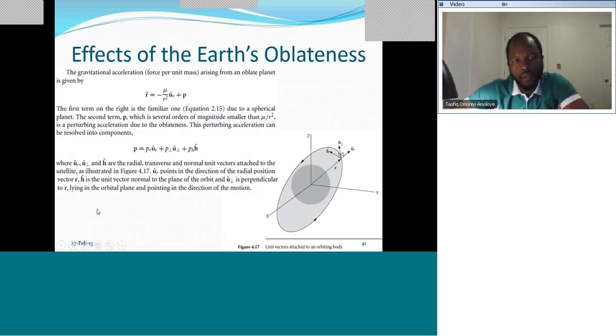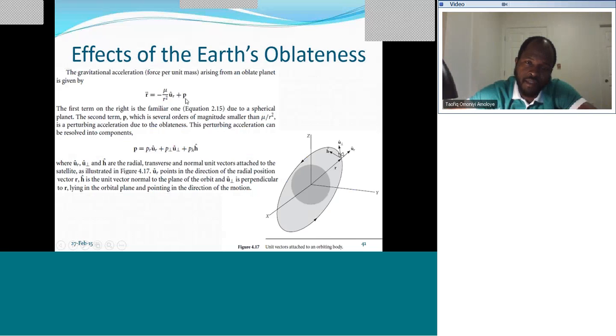So, looking at the equation for the motion of this satellite around the oblate Earth, we see that we just have an extra term here.